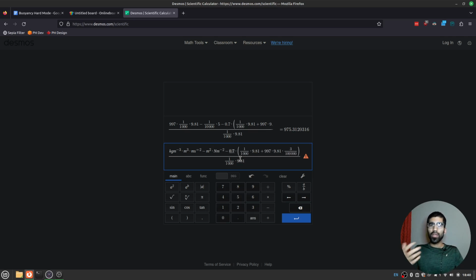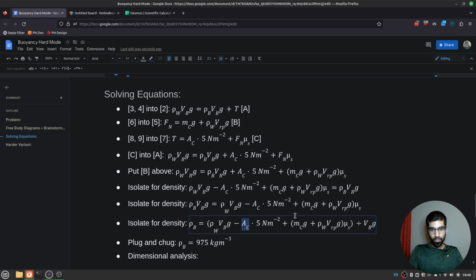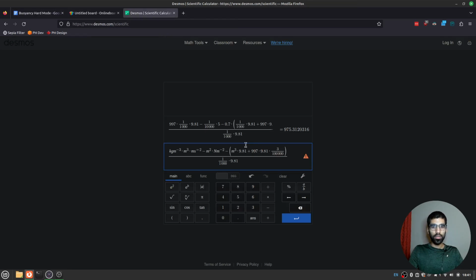This is a dimensionless ratio, that is the coefficient of static friction. We have a volume over here, I believe. Let's double check that. Nope, that's a mass times the gravitational constant, which is acceleration. So we have meters per second squared for the acceleration, and then kilograms for the mass.